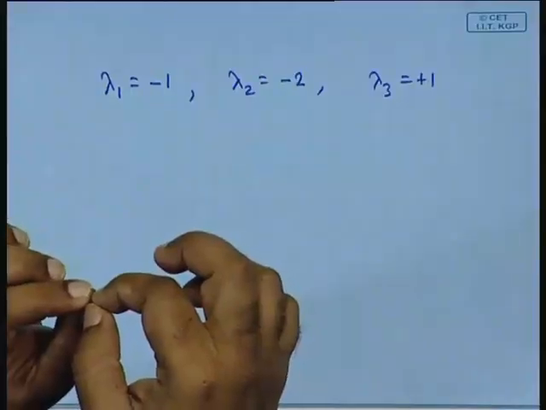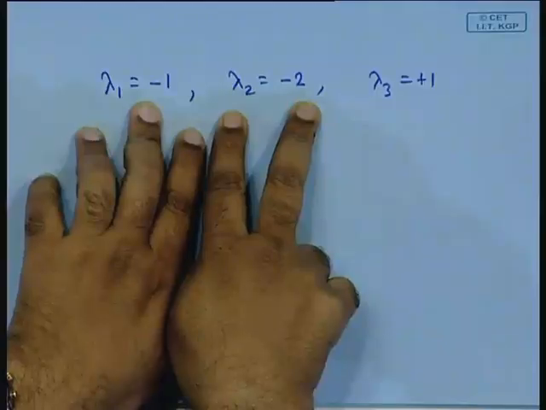Globally unstable means there is an expanding direction. Any deviation along that will be expanding, will be going out. So, why is that important? It is important because if you have to control it, if you want to keep it within that, you do not really need to pay attention to these two.